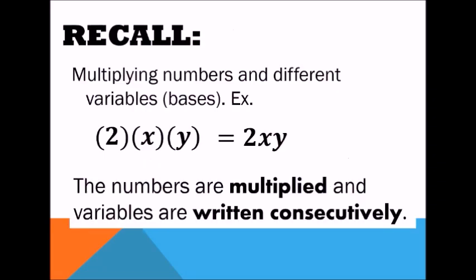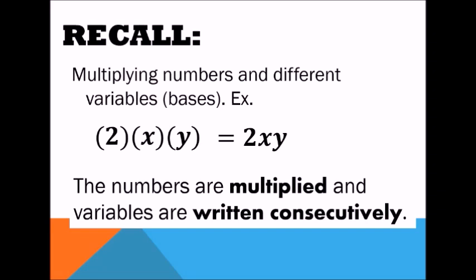But before that, let us recall the basics of multiplying. If you are given numbers and several variables that are different, all you have to do is multiply the numbers, then write the variables consecutively.